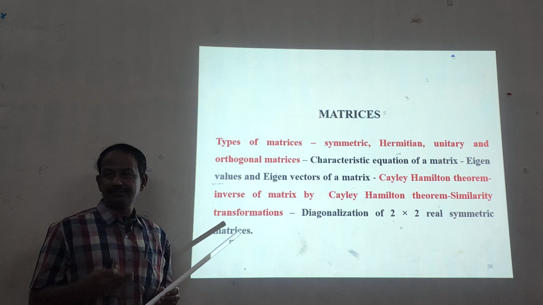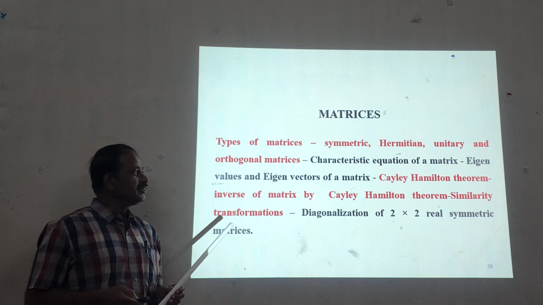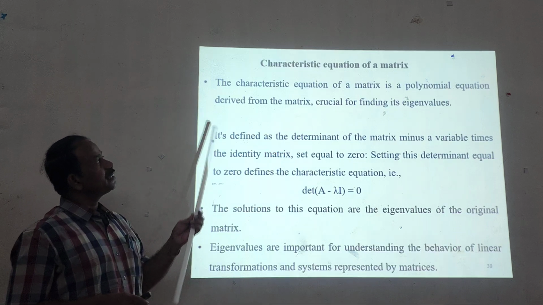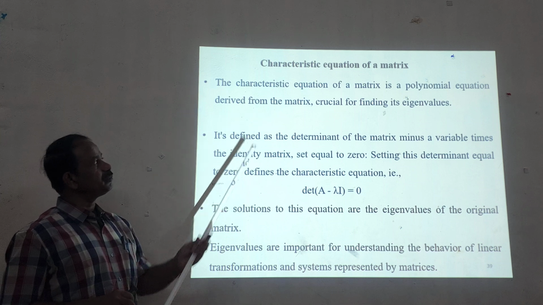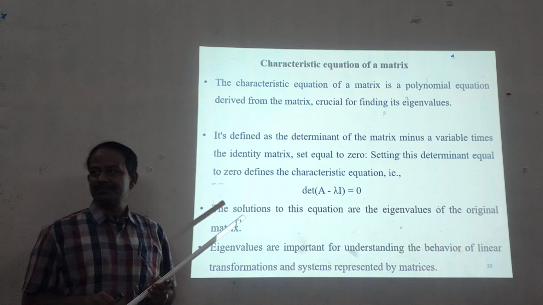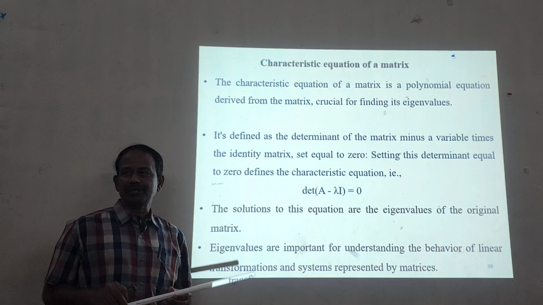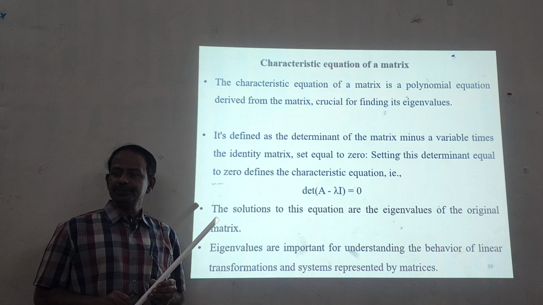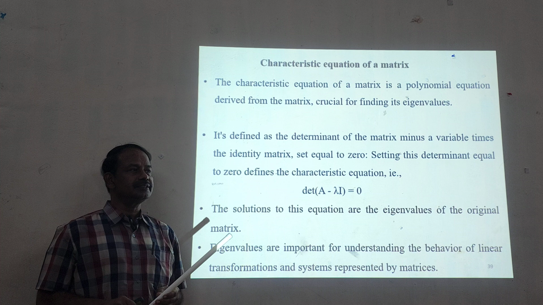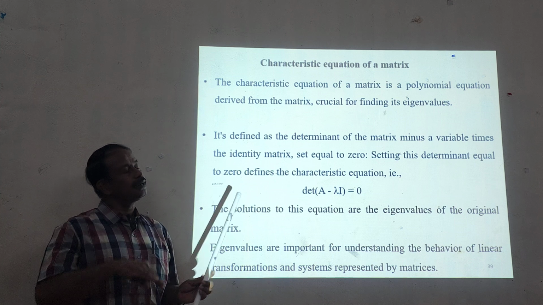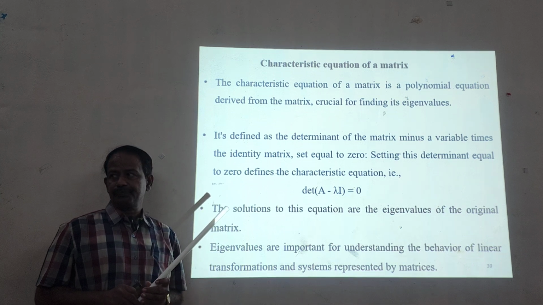So what is a characteristic equation of a matrix? The characteristic equation of a matrix is a polynomial equation derived from the matrix, crucial for finding its eigenvalues. So from the characteristic equation we are going to get the eigenvalues, the proper values, for any matrix, and we can go on to eigenvectors also.